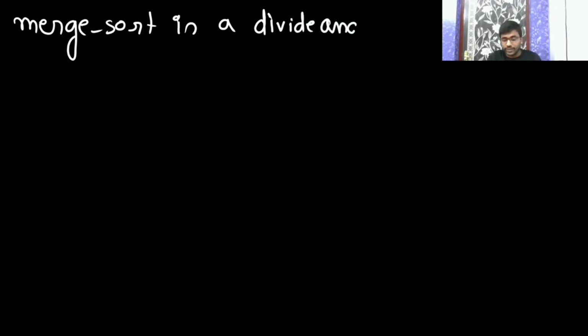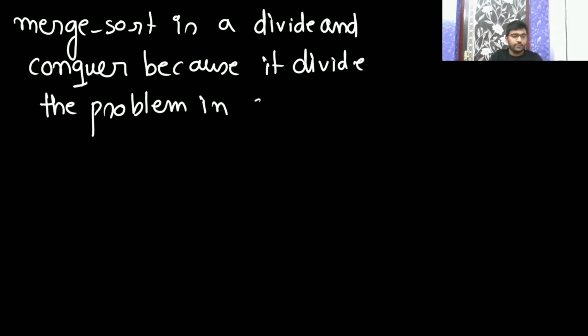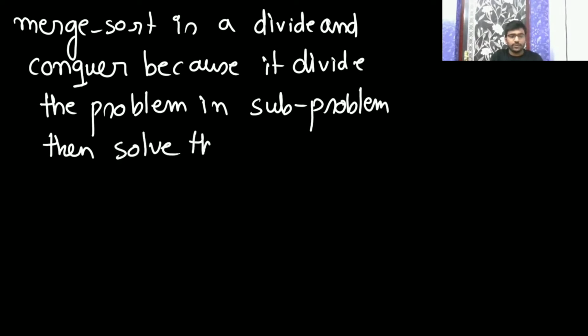Now see, your merge sort is using the divide and conquer technique. First it is dividing the array, then it is conquering. Merge sort is a divide and conquer algorithm, because it divides the problem into subproblems, solves the subproblems first, and then combines the solutions.